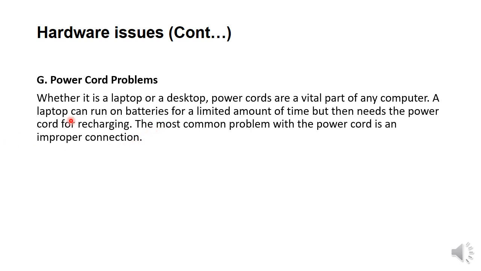That is the reason why, each time AC or alternating current power cables do not work properly, you have to make sure that they are well connected into their ports, or if they are not working properly, you should replace them so that you can continue to use your computer without difficulties.